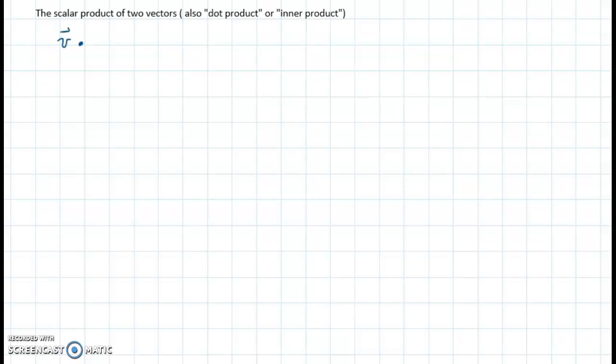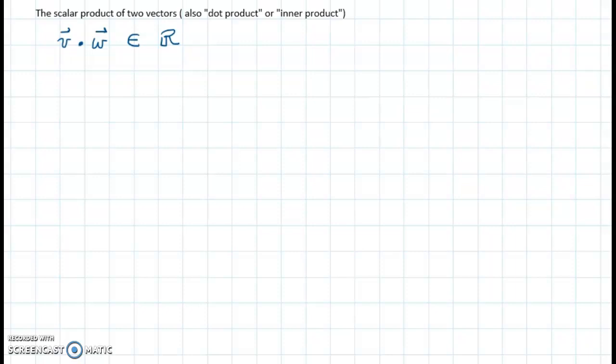Given a vector v and a vector w, the dot product of v and w is actually a scalar, so a real number. So from there comes the name, scalar product. I wrote here that it's also sometimes called inner product, and the reason for that name would be a bit harder for us to explain, but I wrote it anyway in case you see it somewhere.